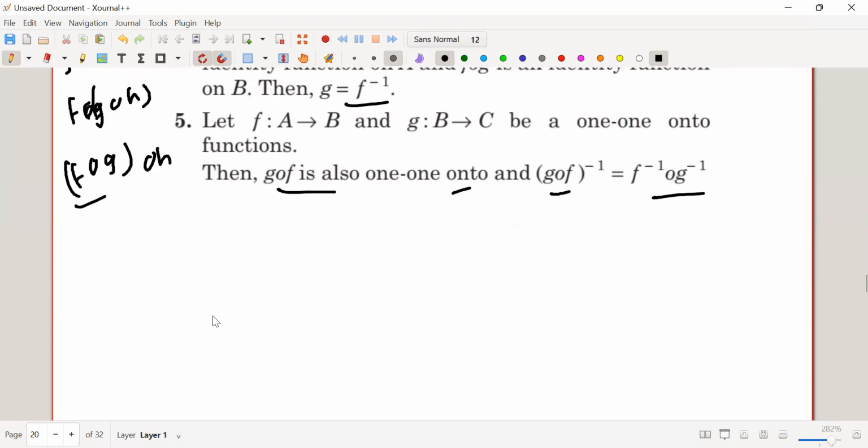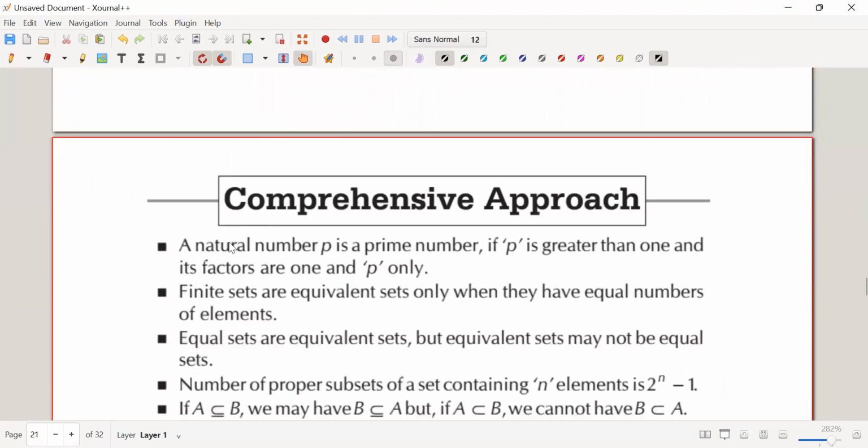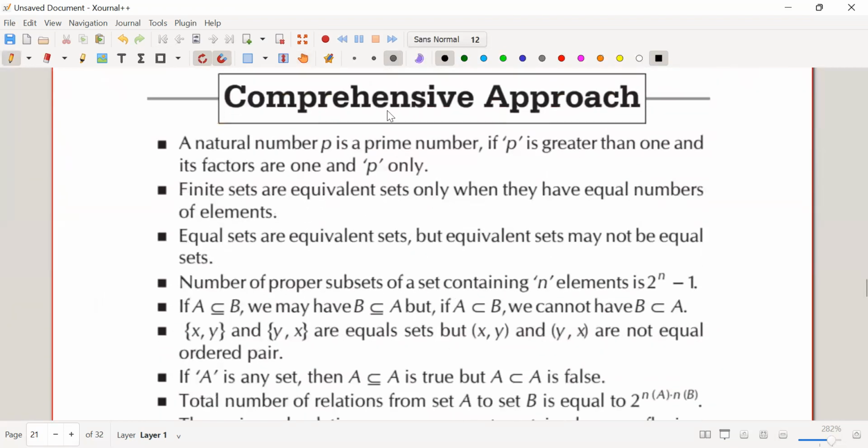Okay, basic fundamentals. Now let's see some comprehensive approach, what and all we have to work on. Number one, a natural number p is a prime number if p is greater than 1 and its factors are 1 and p only. Okay, we already know this fact.